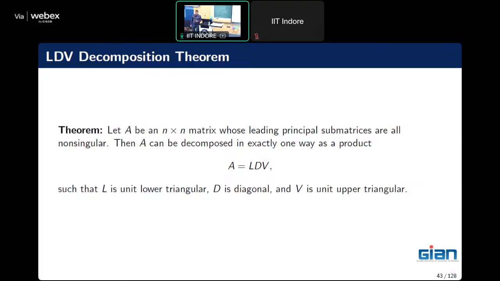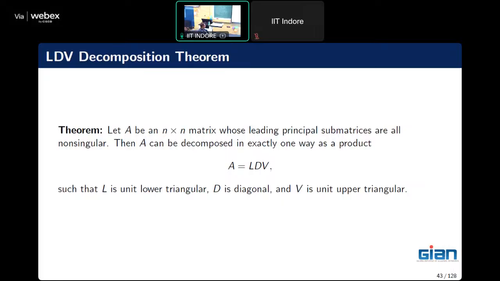So you are just extracting the diagonals of U, and you can write it in terms of LDV, where L is a unit lower triangular, that means the diagonals are 1, 1, 1. D is a diagonal matrix, whose diagonals are the diagonals of the U matrix, and V is a unit upper triangular matrix.